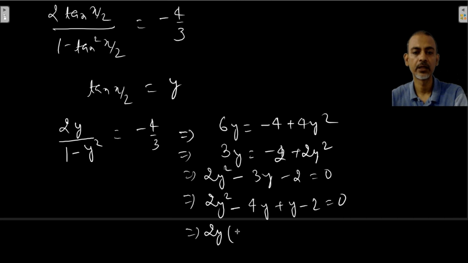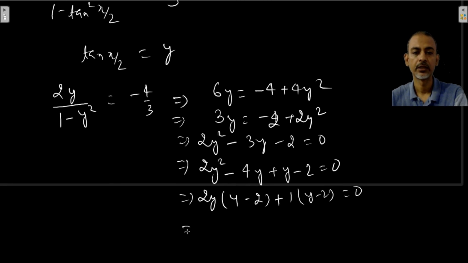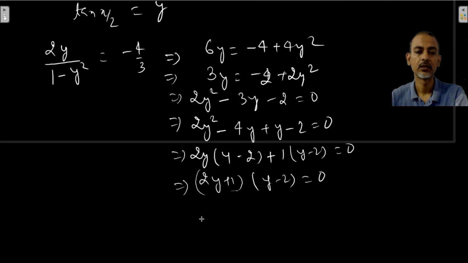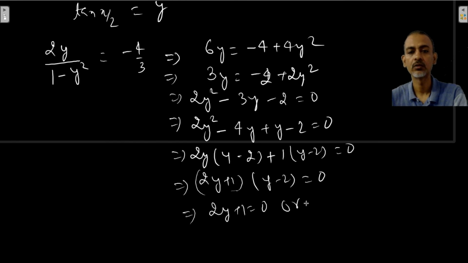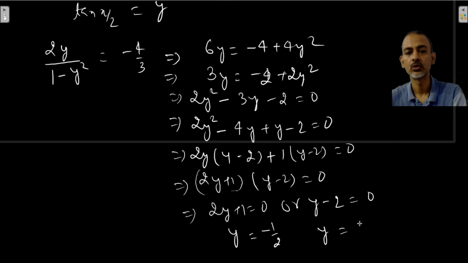Taking 2y common, it will be y minus 2, and I have 1 common over here, y minus 2 equals 0. So this will give me 2y plus 1 into y minus 2 equals 0. So this will give me either 2y plus 1 is 0 or y minus 2 equals 0, right? This will give me y equals minus 1 by 2 or y equals 2.